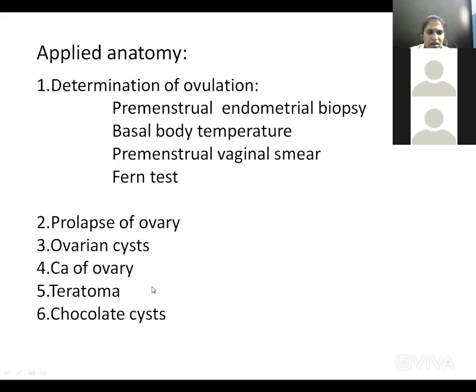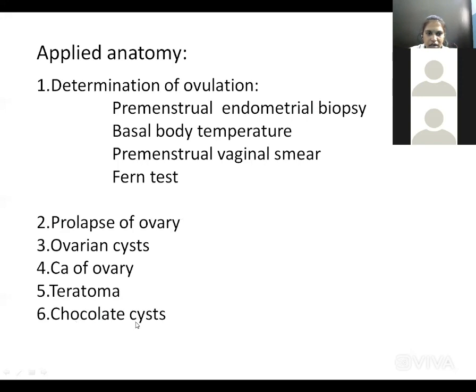Pluripotent means they can give rise to any type of tissue. This type of cells are present in the ovary. So, over a period or as age grows, these pluripotent cells can develop into tooth, hair, bone, cartilage, etc. So these structures can be seen in the ovary, and that kind of tumor is called teratoma.